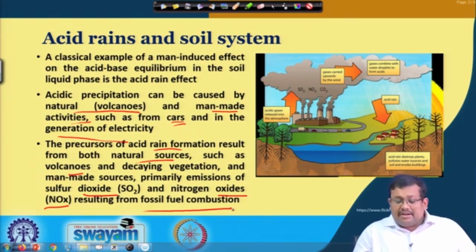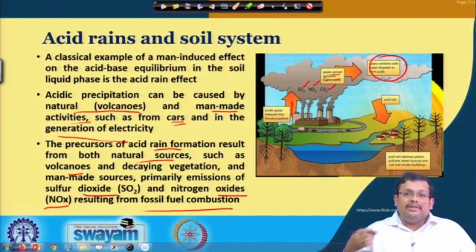These acidic gases, for example sulfur dioxide, nitrogen dioxide and carbon dioxide, can also be generated from the smokestacks of industrial release. After their release, these gases are carried upwards by the wind and combine with water droplets to form different acids.